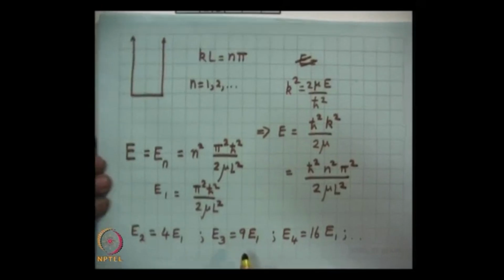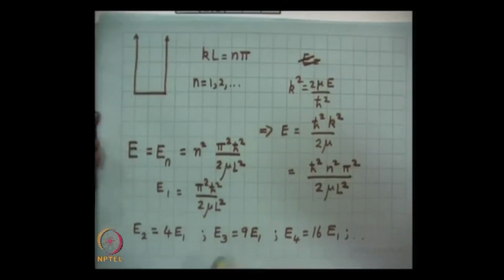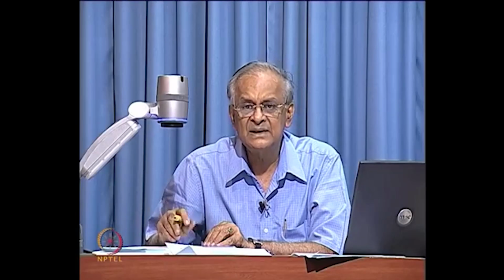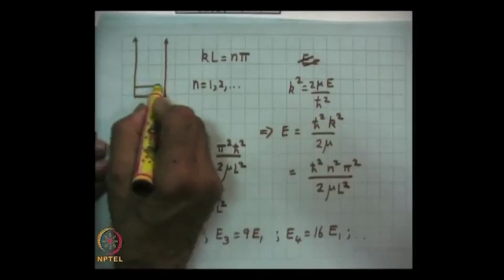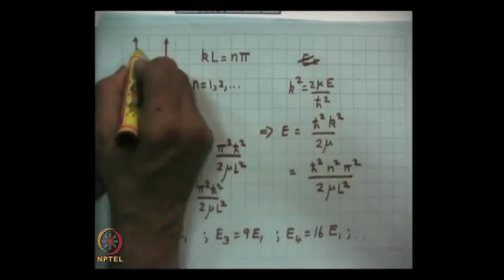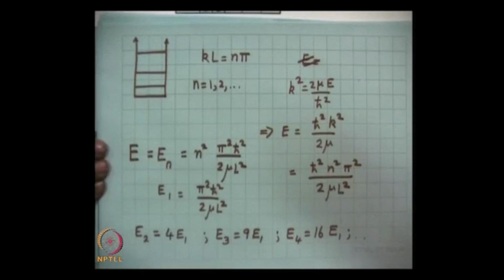So, the particle can take discrete energy levels. This is quite a difference from classical mechanics, where a particle can take a continuum of energy values. So, a particle in a box can take only a set of discrete energy levels.